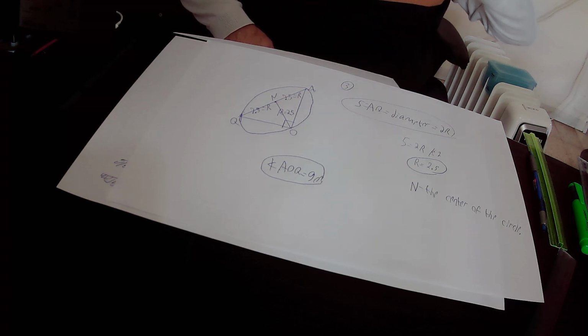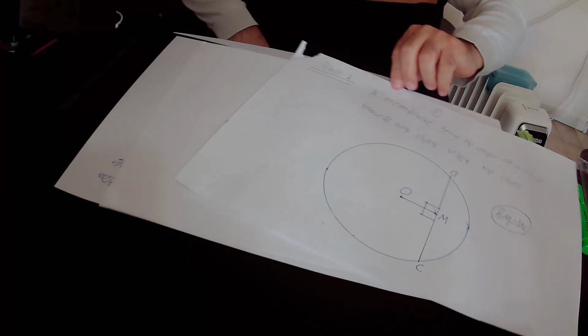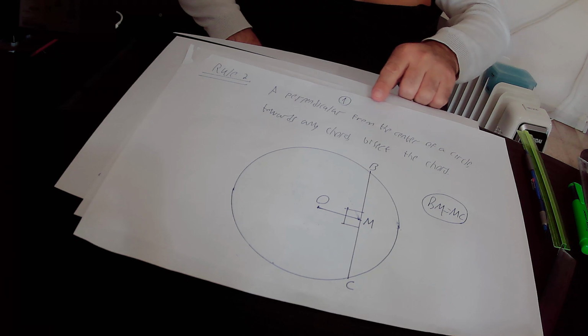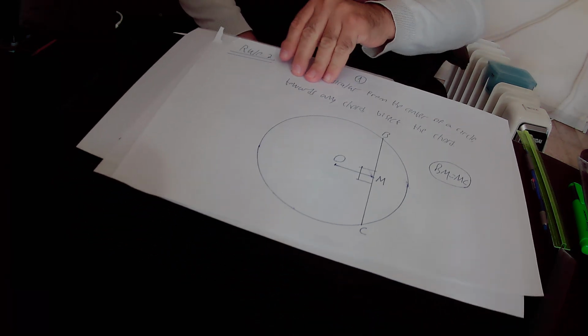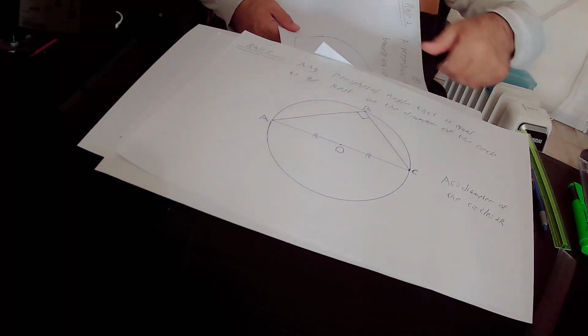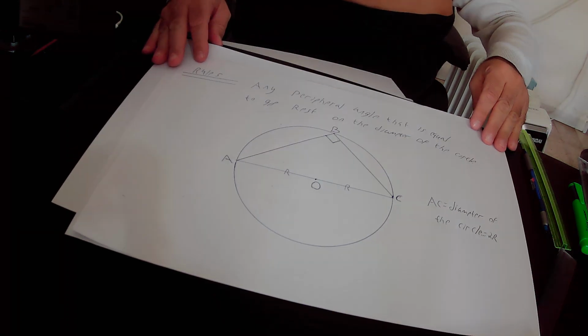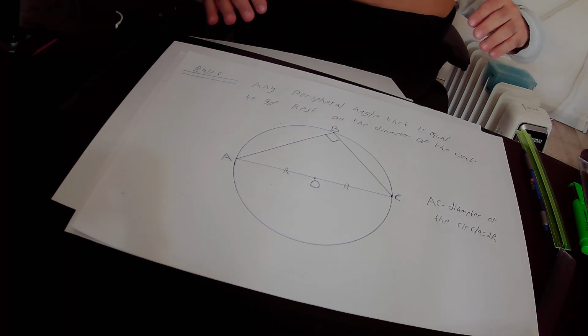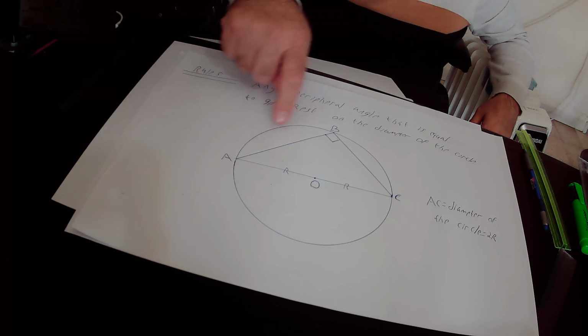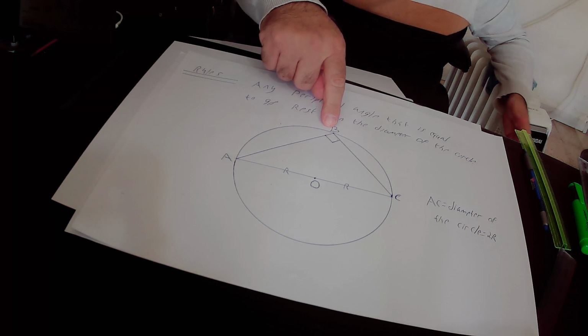And we have rule number 5: any peripheral angle that is equal to 90 degrees must rest on the diameter of the circle. For example, angle ABC is a peripheral angle that is equal to 90 degrees.